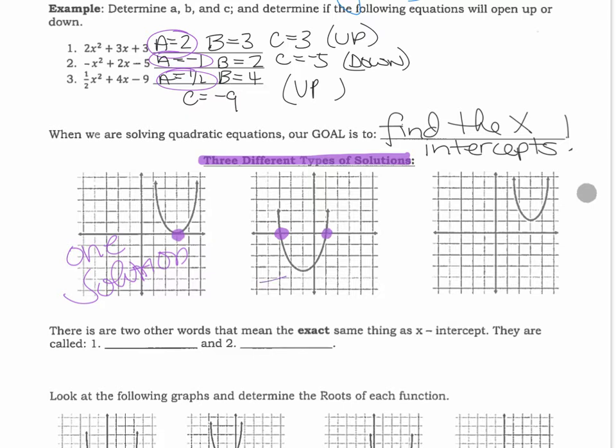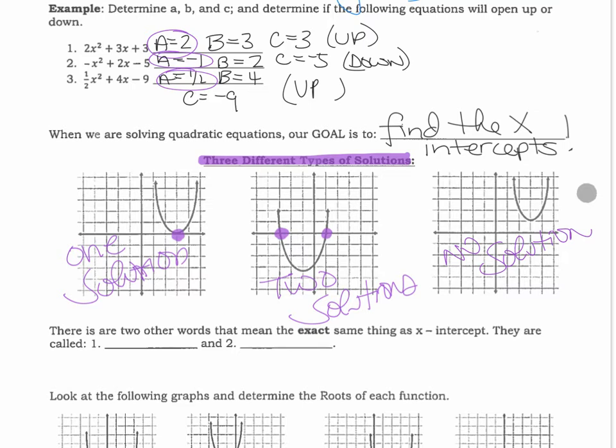So I have 2 solutions. Look at the last one. How many times does this parabola touch your x-axis? It never does. So since it never does, what do you think my solution is? No solution. 3 possibilities. My parabola can either touch my x-axis once, twice, or none.